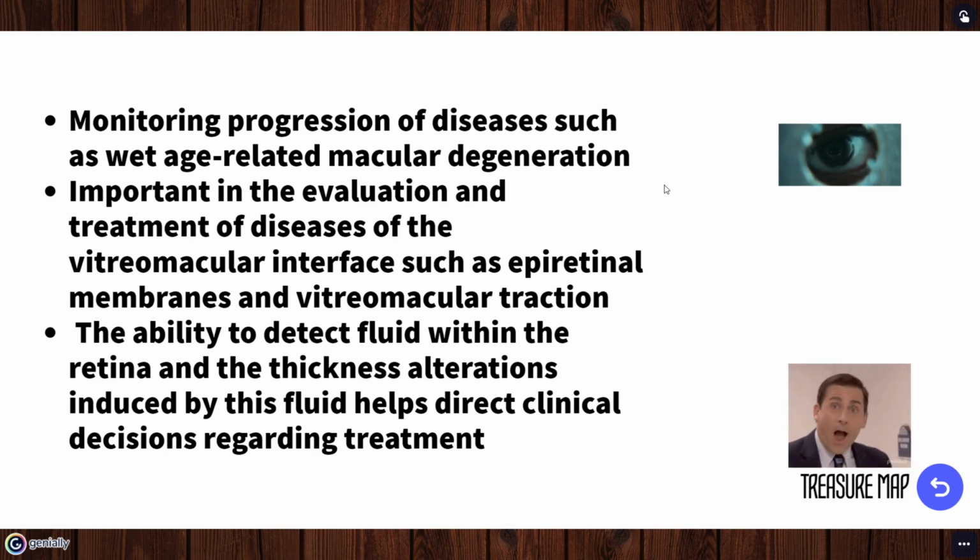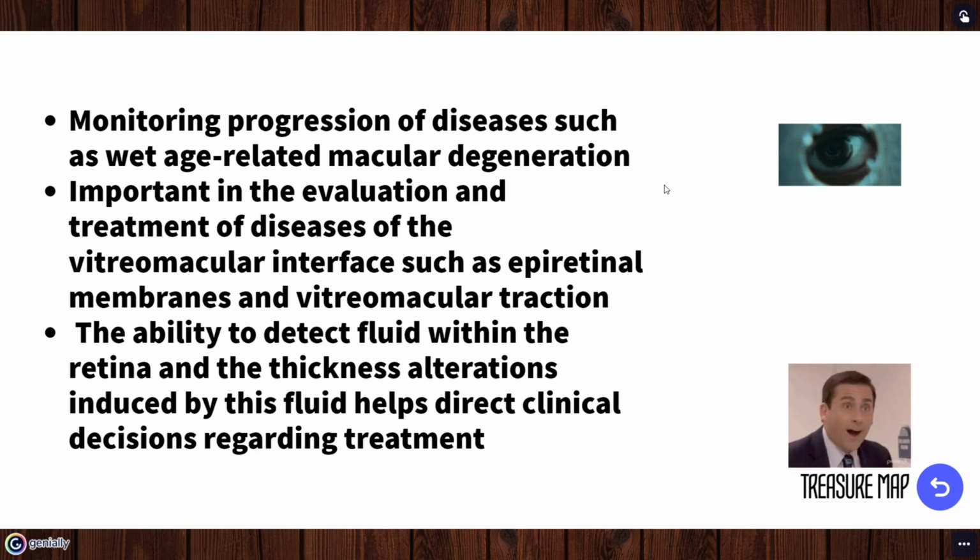clinical decisions regarding treatment. The diagnosis of macular hole and its differentiation between lamellar holes and pseudomacular holes have become straightforward using OCT. In addition, the size and configuration of macular holes determined by OCT correlate well with the functional and anatomic outcomes following surgical intervention.